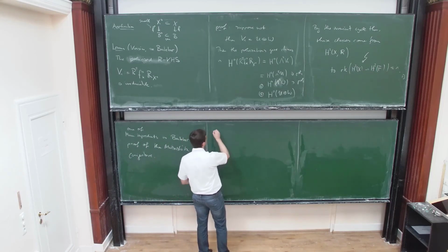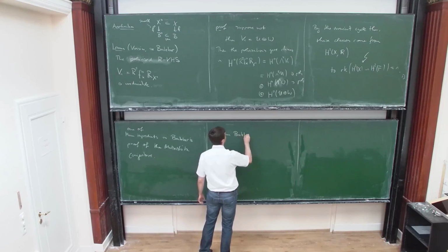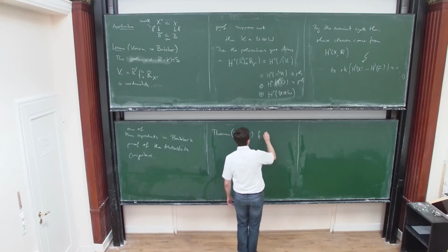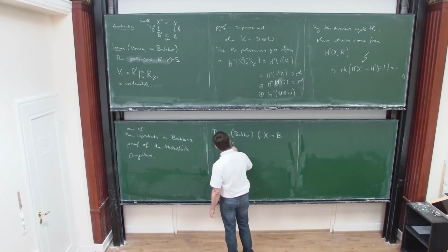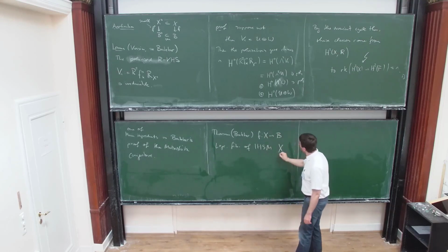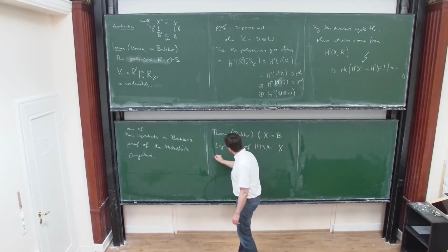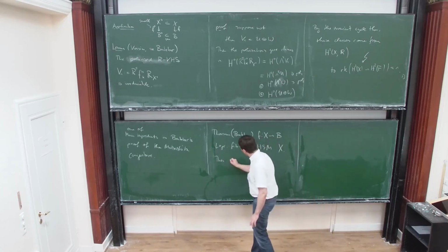The conjecture, now theorem, is: if you have f from X to B, a Lagrangian fibration of an irreducible holomorphic symplectic manifold X, then there are just two possibilities.